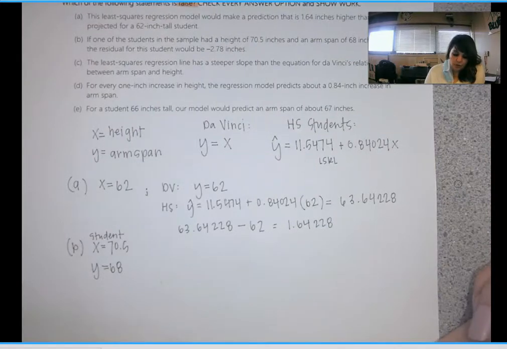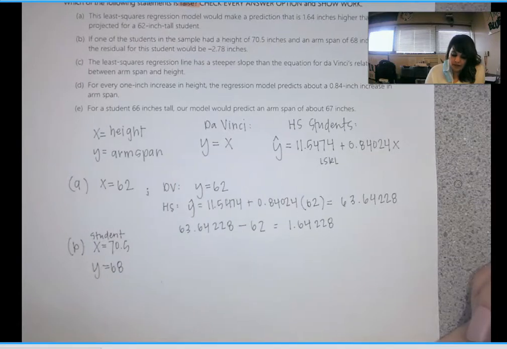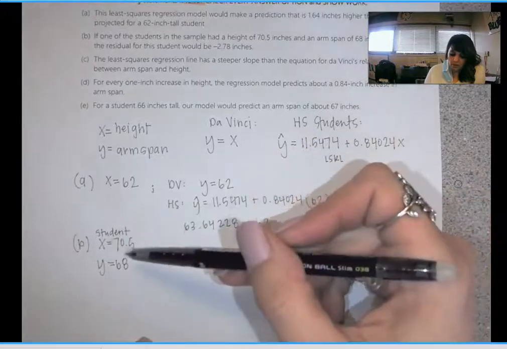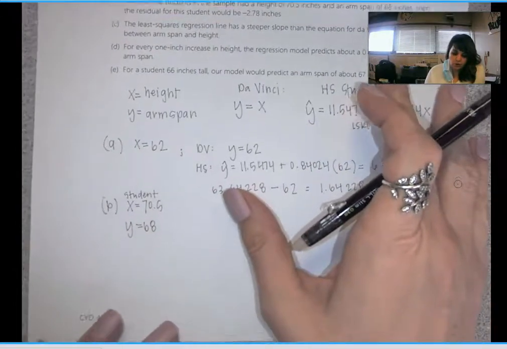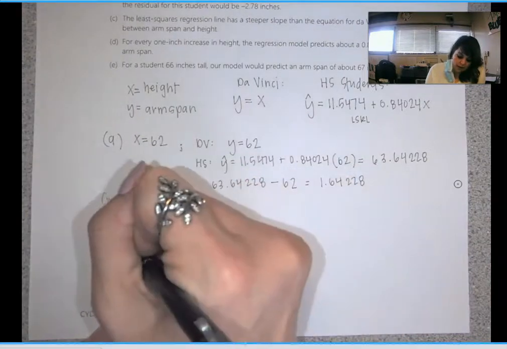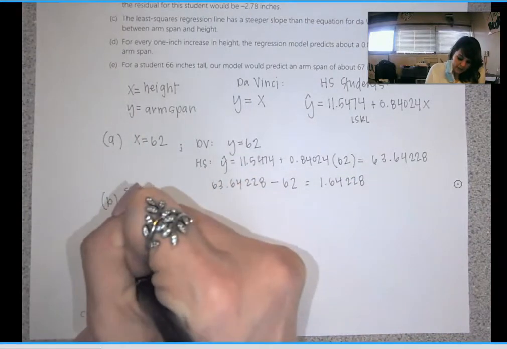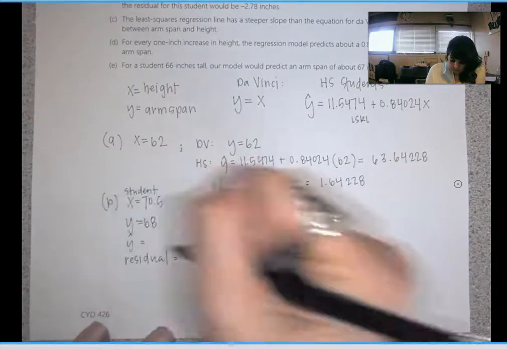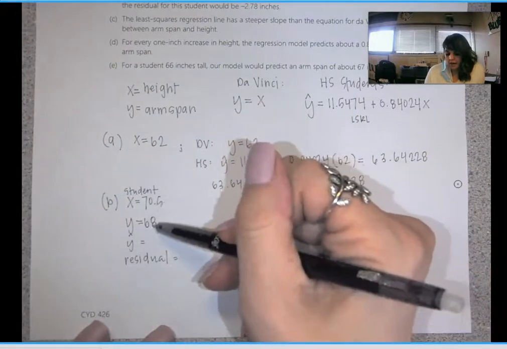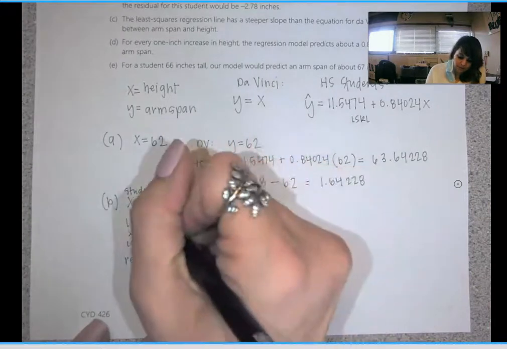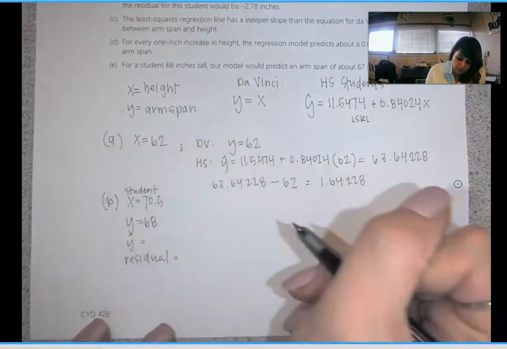Then the residual for this student would be negative 2.78. Okay, so I'm hoping you guys remember that when you calculate residual, I always set up 4 things: X, Y, Y hat, residual.